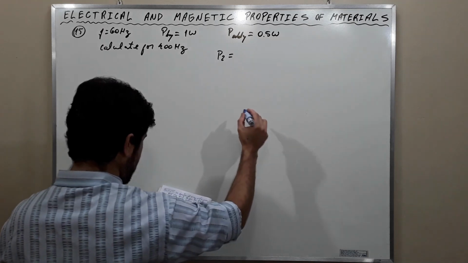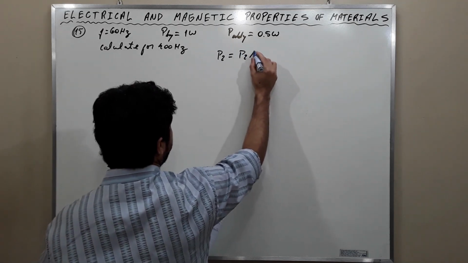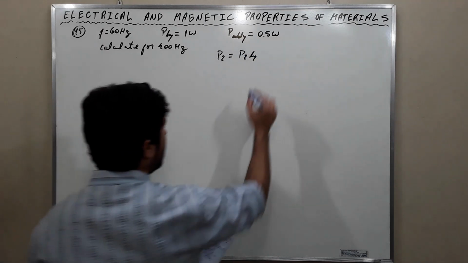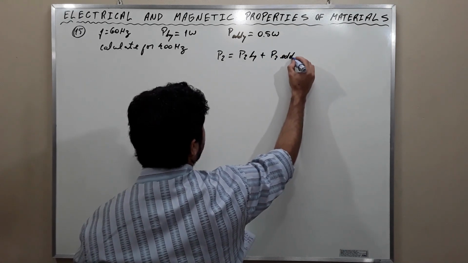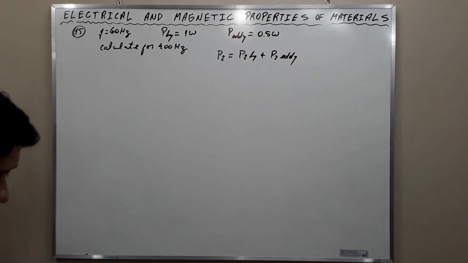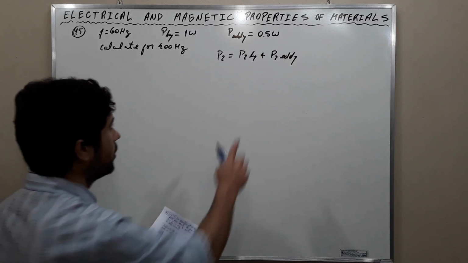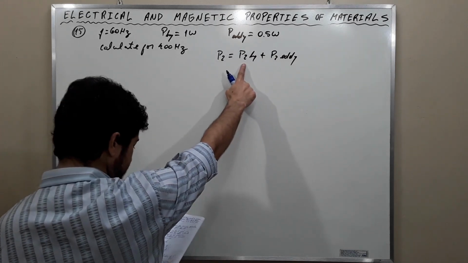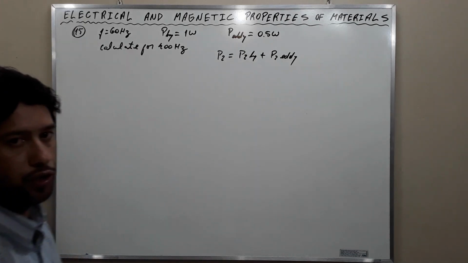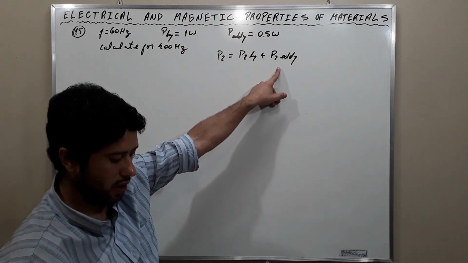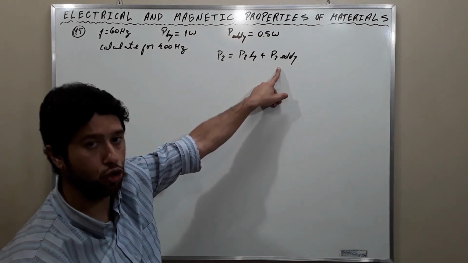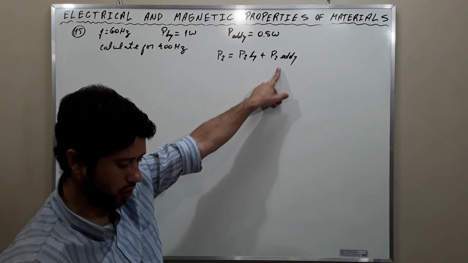P2 is equal to P2 hysteresis plus P2 due to eddy current, in which this is directly proportional to frequency, and this increases with the square of the frequency. All right?